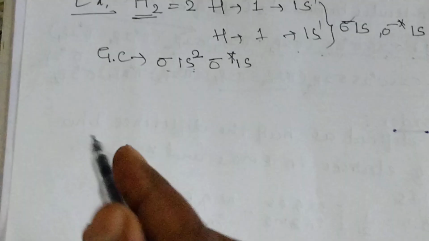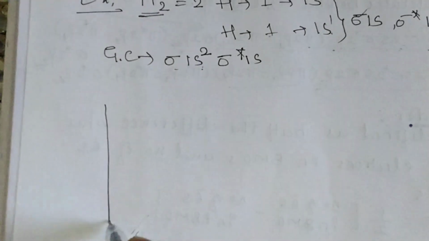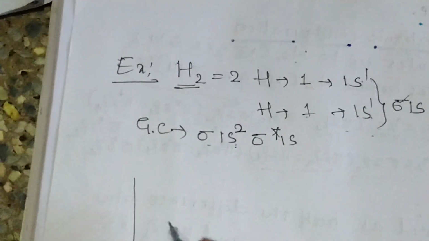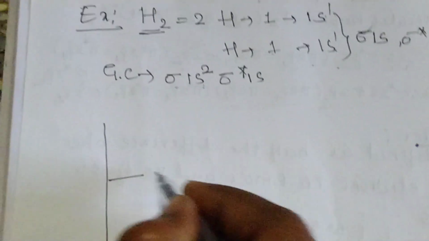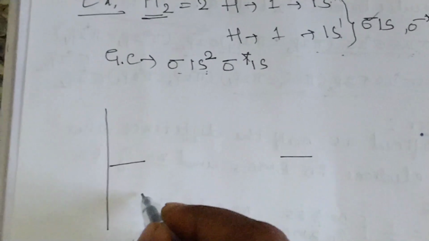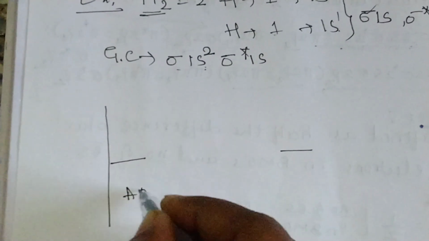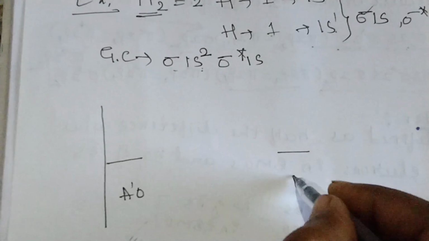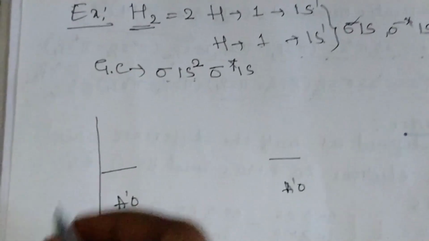So now let us draw the energy level diagram. This is an atomic orbital and here it is an atomic orbital.